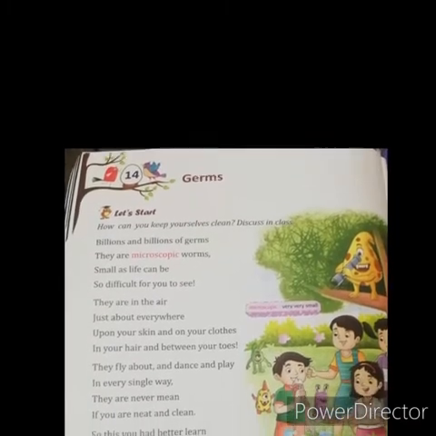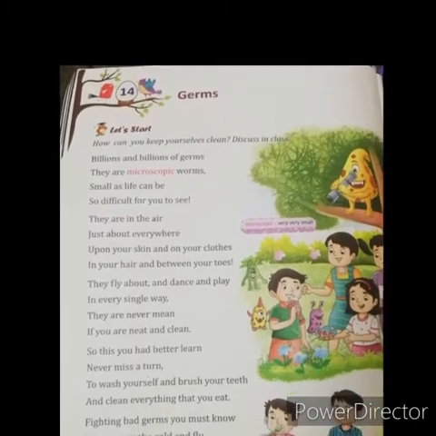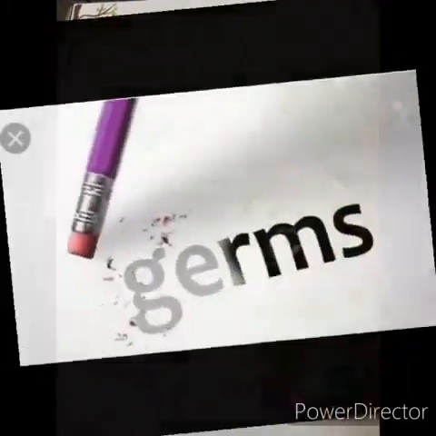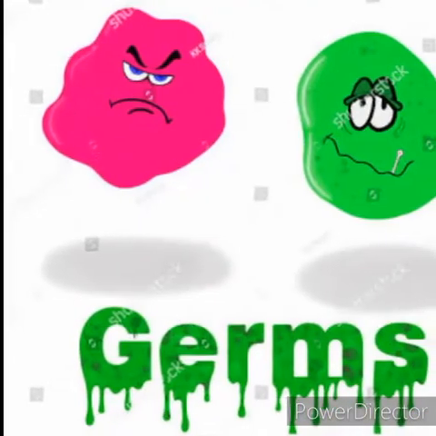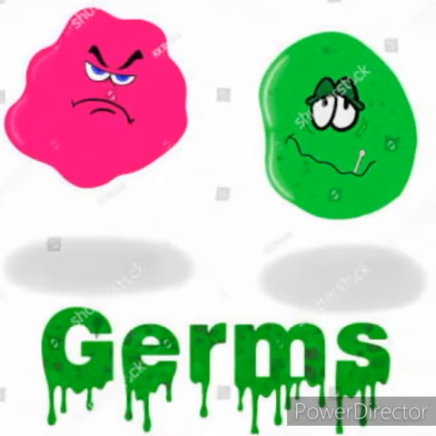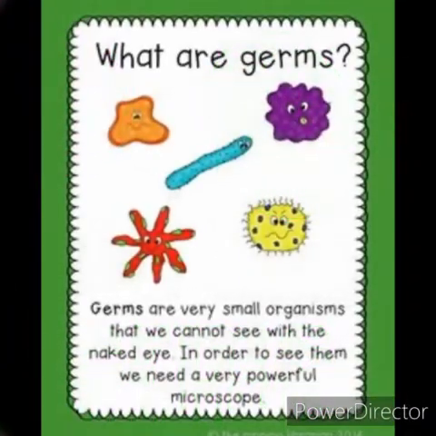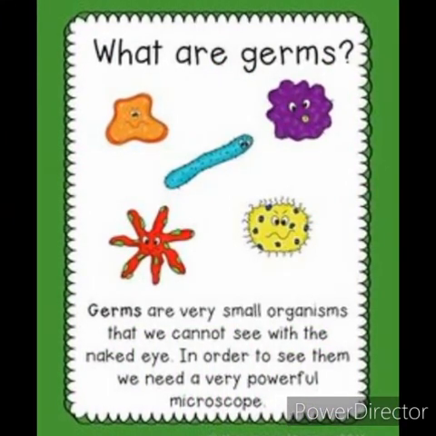So, before I explain to you this poem, let's understand the meaning of germs. What is meant by germs? Germs का क्या मतलब होता है? Now, germs are microscopic organisms.